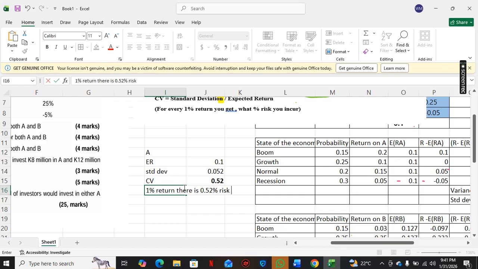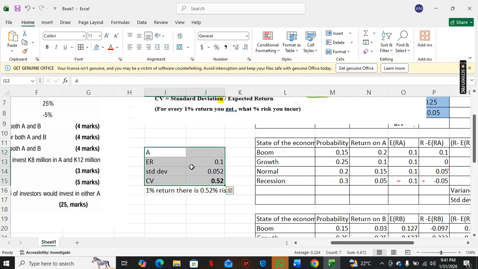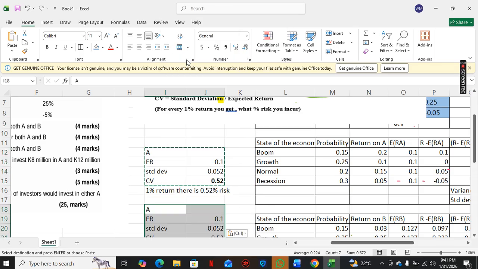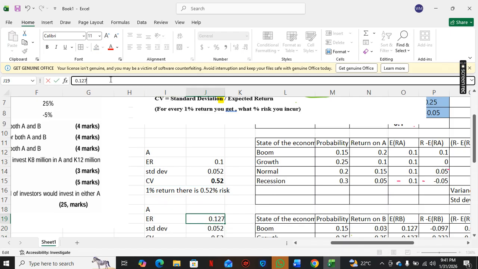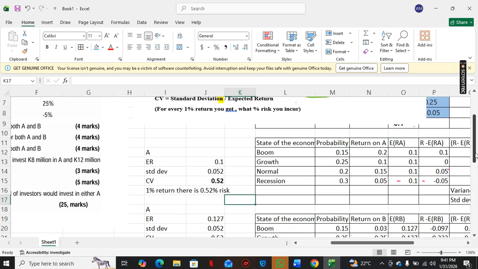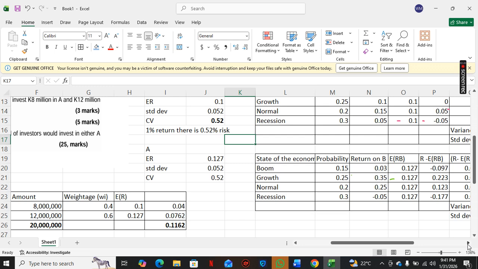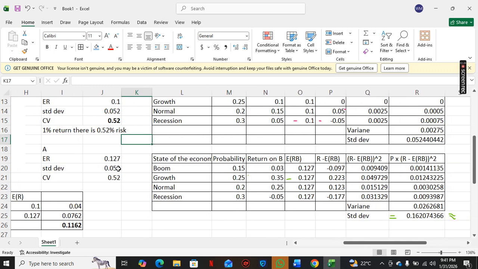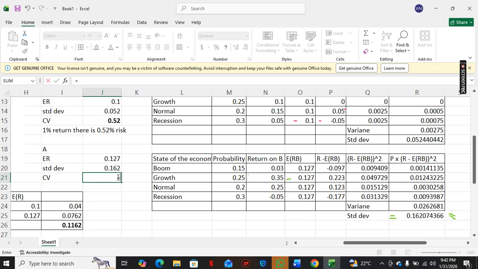We go to investment B. The expected return for investment B is 0.127, 12.7%. The standard deviation, which is the risk, 0.162. Okay. Coefficient of variation, standard deviation divided by expected return, 1.27.